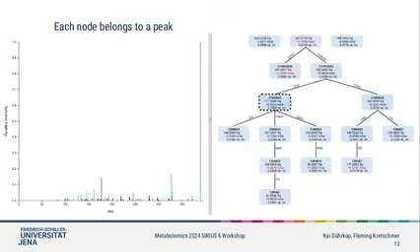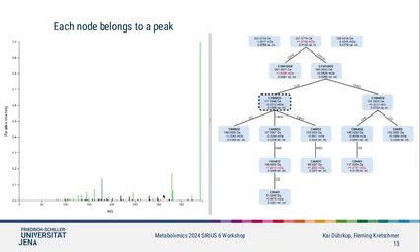And the fragmentation tree is basically a tree, which means you have nodes connected with edges, and each of these nodes corresponds to a peak in your spectrum. So in this case, for example, I have this node here, which is C10H8O3, and it basically belongs to this peak.